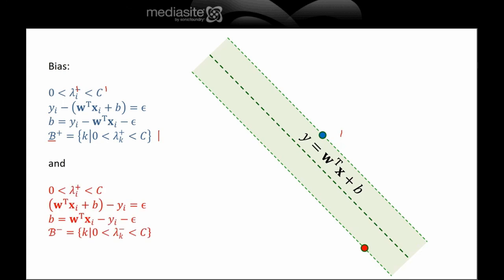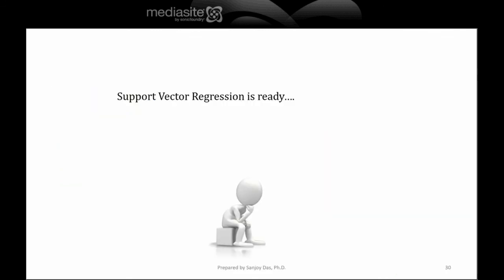And likewise, this is a minus here for points like this one, which are exactly on the margin and below the hyperplane. Lambda I minus is strictly between 0 and C. I collect those points, and that's my set B minus. So these B plus and B minus points will be used to compute the bias.